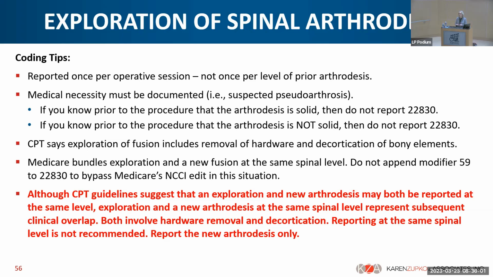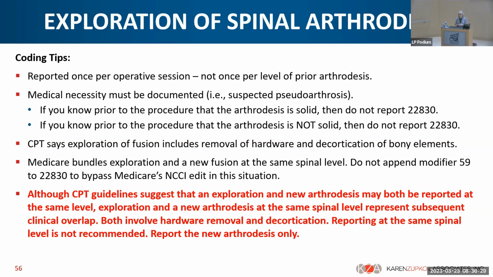Once you refuse that area of the spine, there is a huge clinical overlap because the exploration requires taking the hardware off and decorticating. The new fusion requires taking the hardware off, decorticating, laying down new bone graft. So the AANS, even though CPT suggests both the exploration and new fusion may be billed, AANS says don't do it because the clinical overlap is too much.